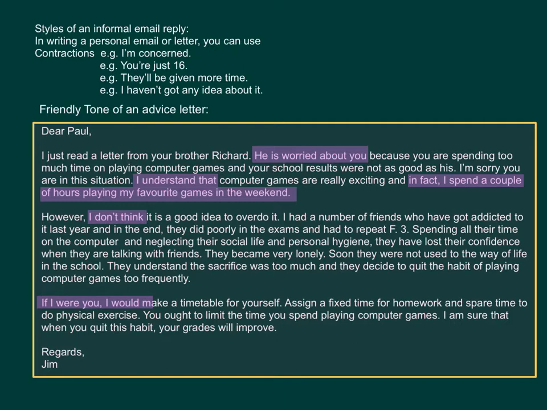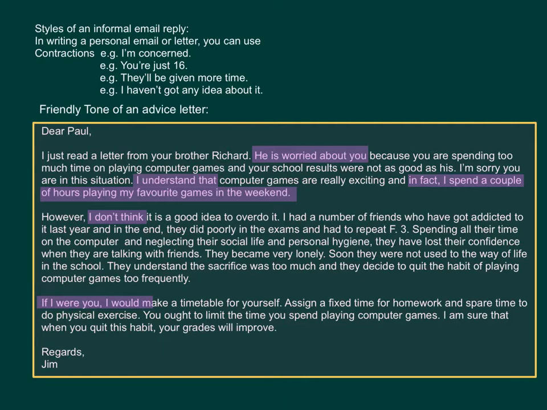I had a number of friends who got addicted last year and in the end, they did poorly in the exams and had to repeat Form 3. Spending all the time on the computer and neglecting their social life and personal hygiene, they lost their confidence when talking with friends.